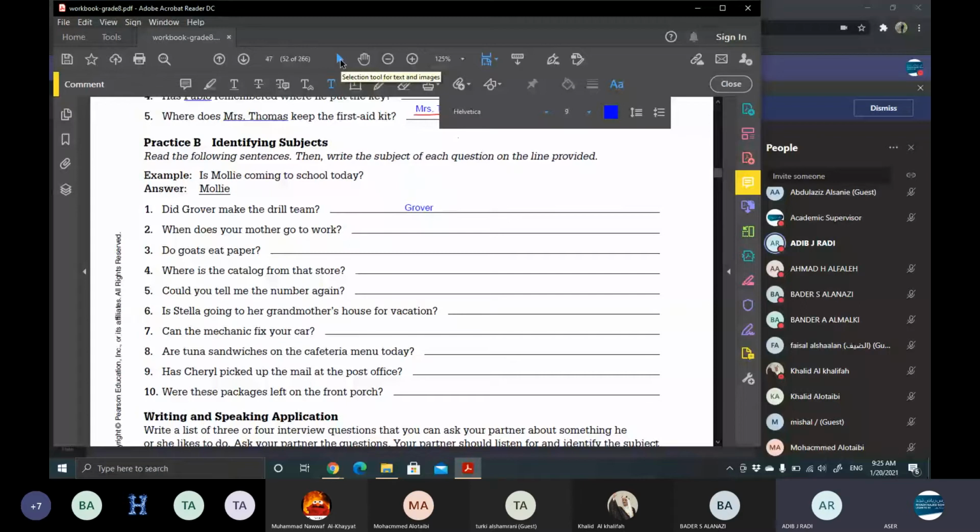Where is the subject? If you cannot find it, change it into a statement.